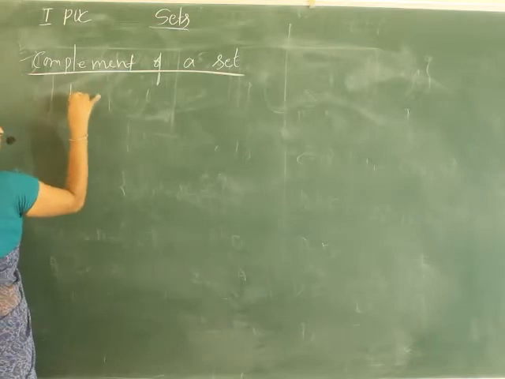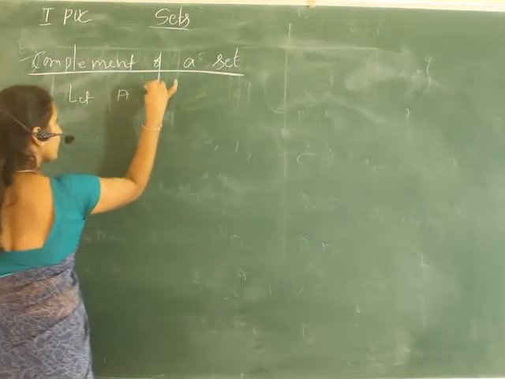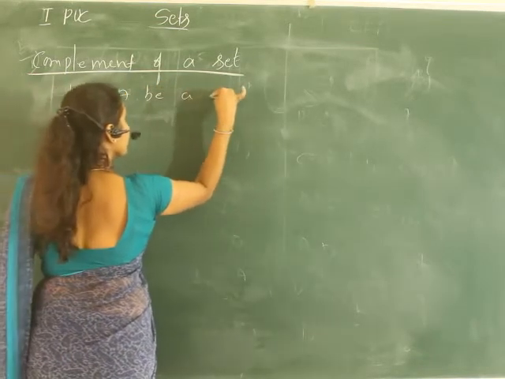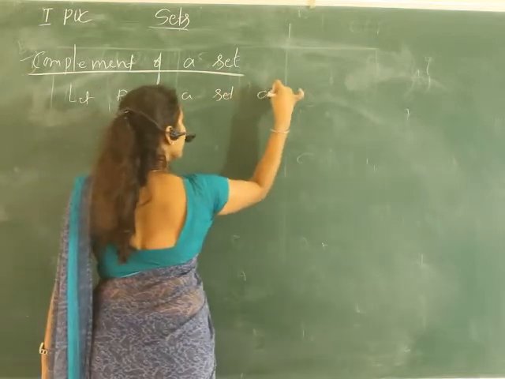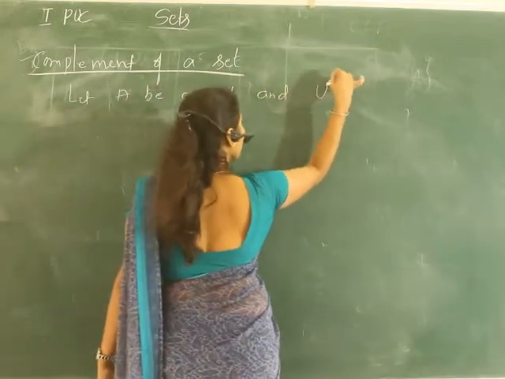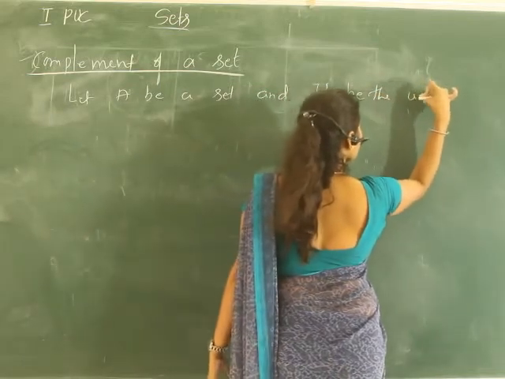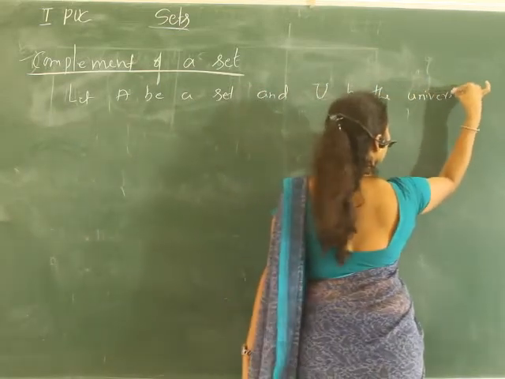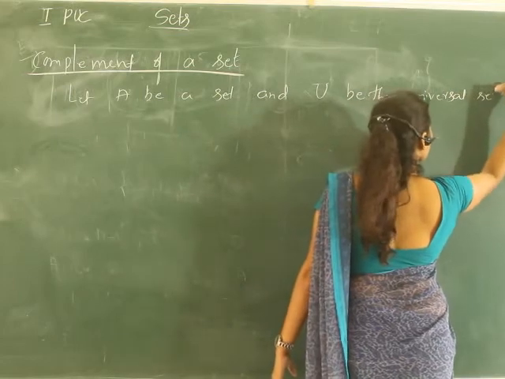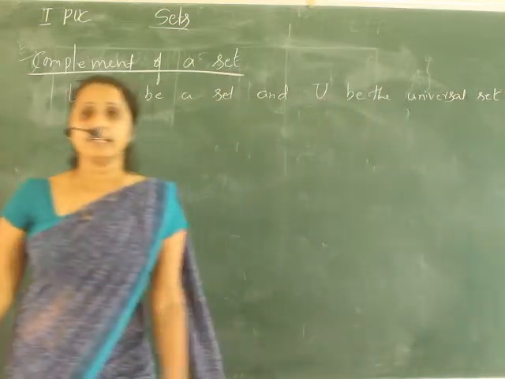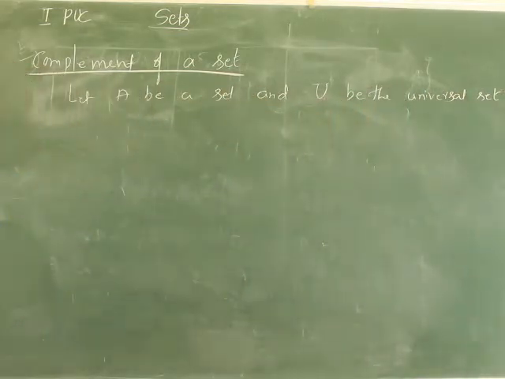Let A be a set and U be the universal set.